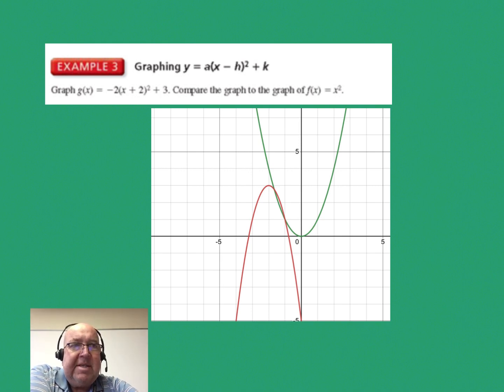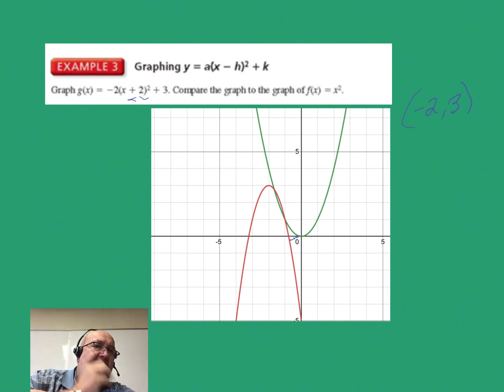And what happens is, we get our vertex from that equation. Our vertex is negative 2 and 3. So you can see that the h value inside is the x value and the k value outside is the y value of the vertex.